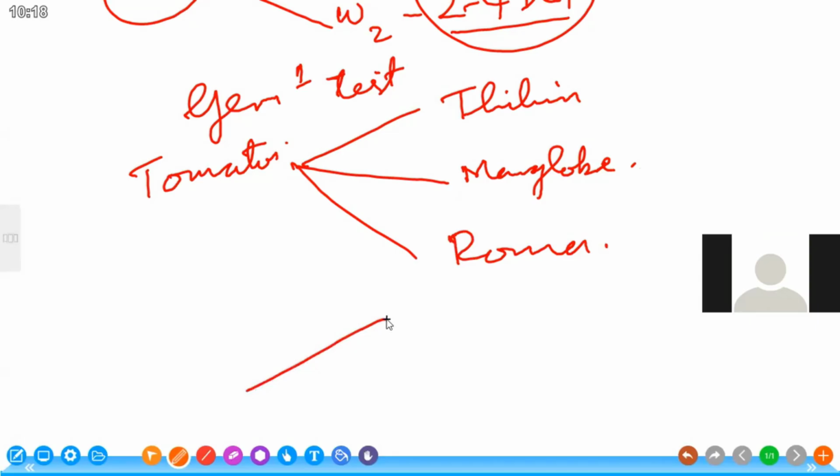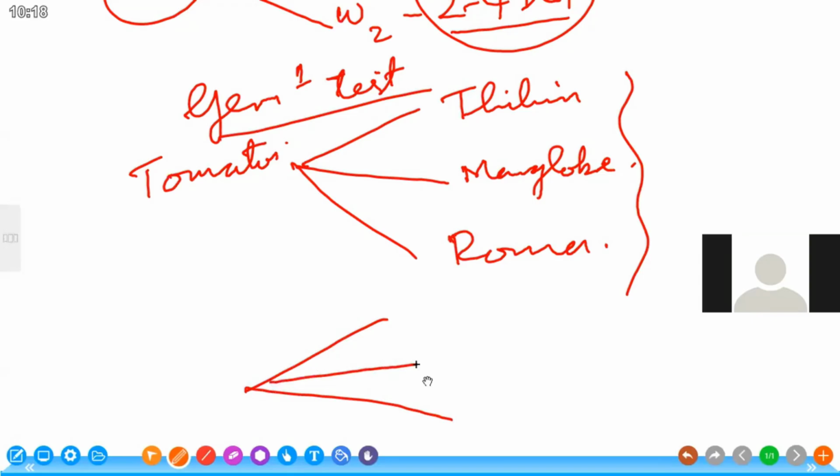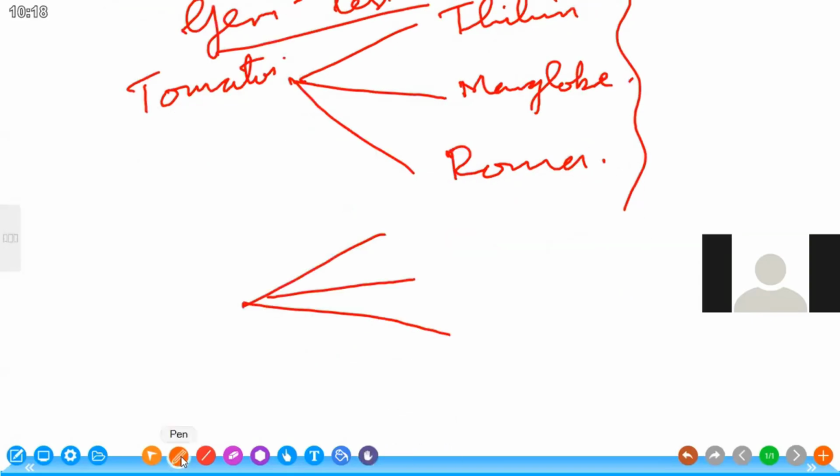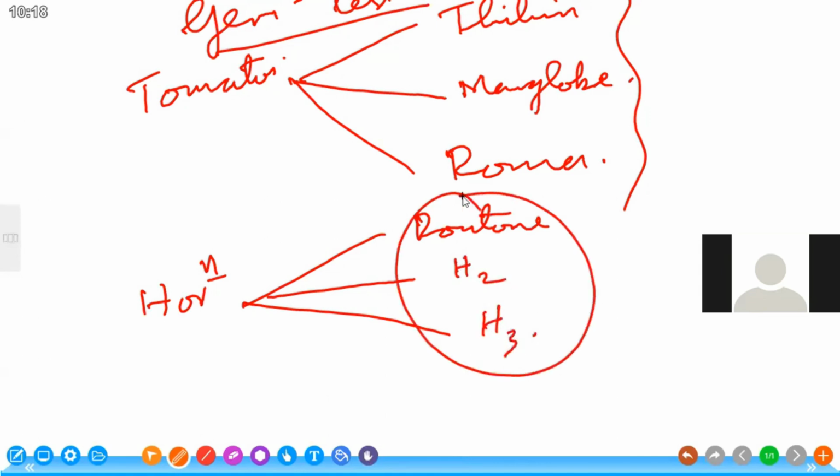So I have some germination test for different varieties. Let's say there are germination hormones in the market. I don't know, Rootone or whatever it is. Rootone, and let's say another one and another one, 3 available in the market.